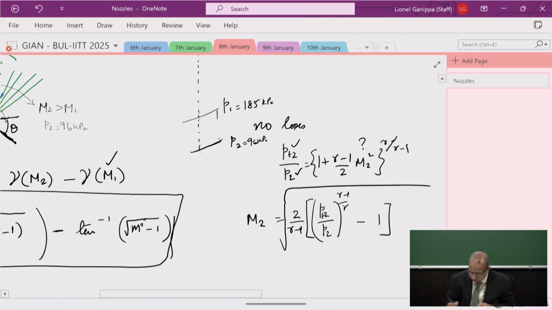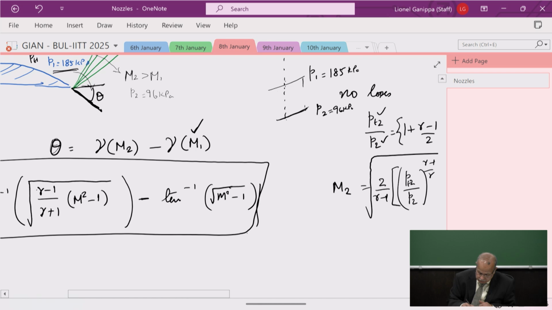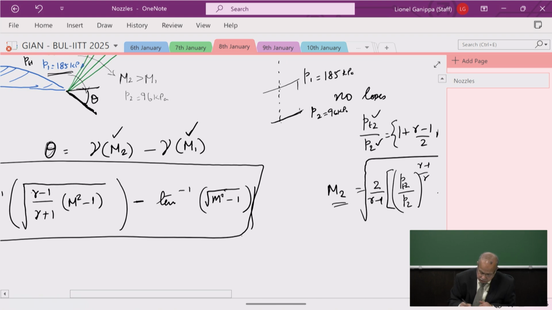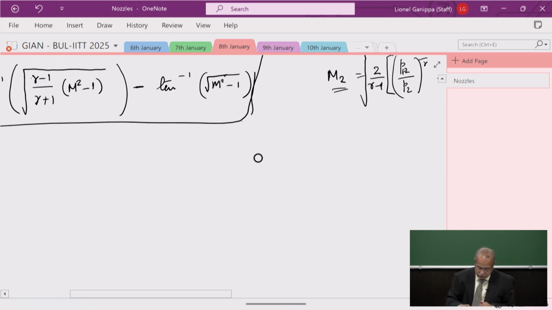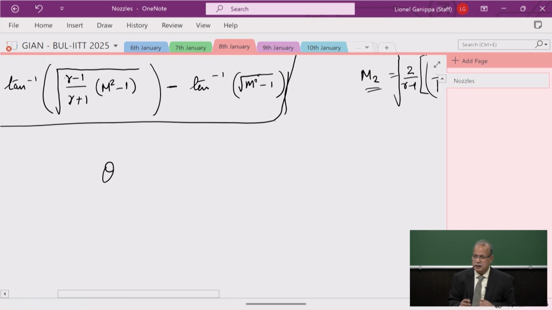Now M1 is known and we can get M2 from this equation. Then we can use the tables to find the angle through which the flow has turned. Is that clear? Okay, so let's work out this problem.